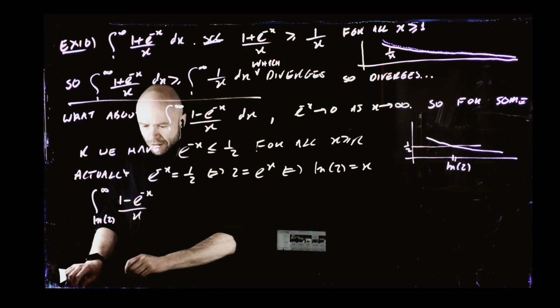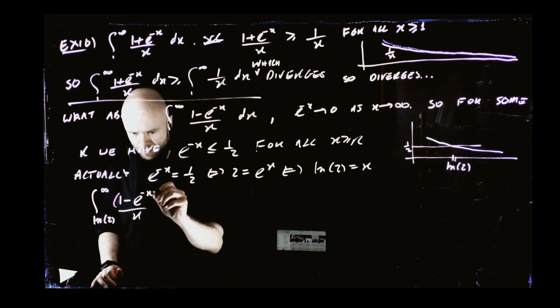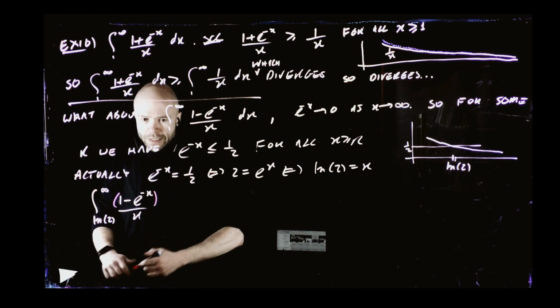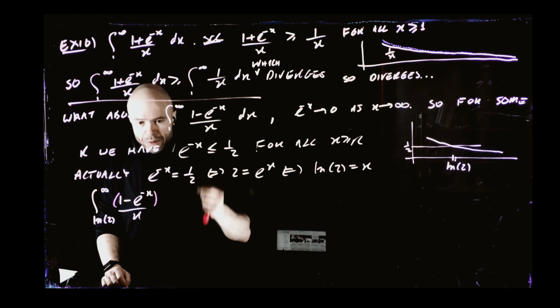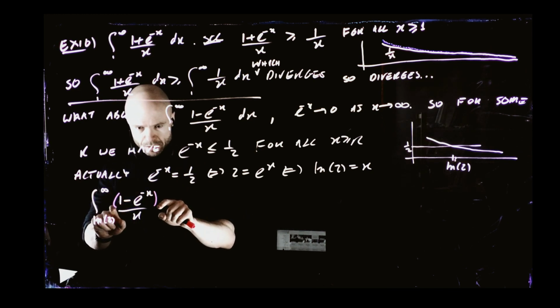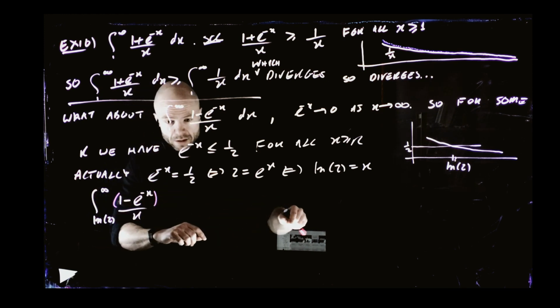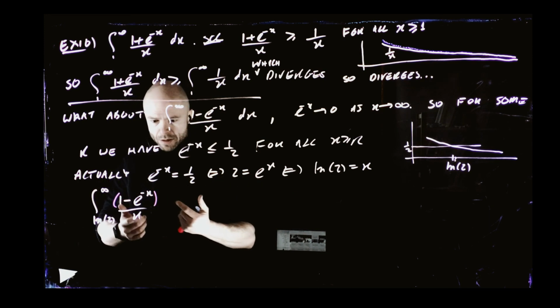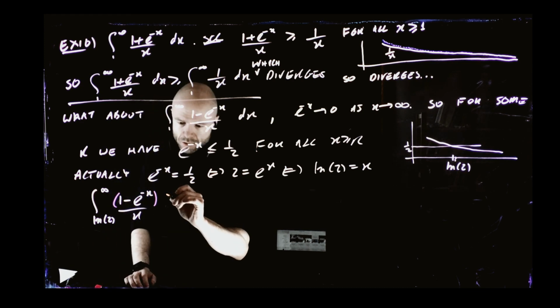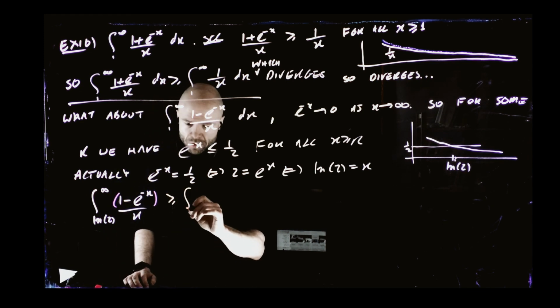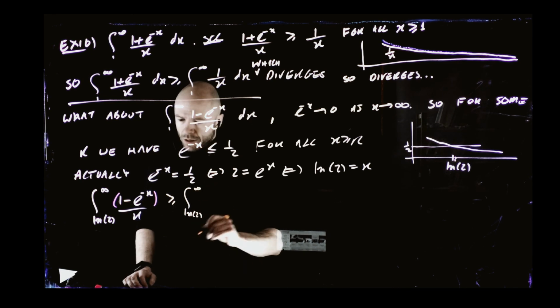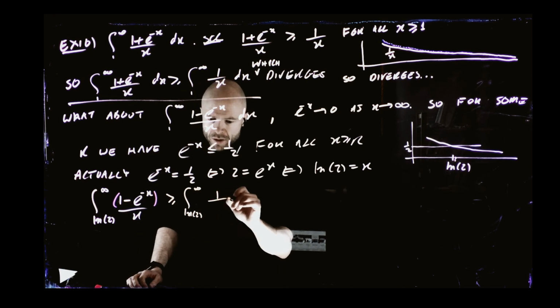We know that the stuff above, the stuff in these red brackets, is going to be bigger than a half. Because e to the minus x is less than a half. So 1 minus something less than a half is bigger than a half. So this thing is bigger than the integral from log 2 to infinity of 1 over 2x.